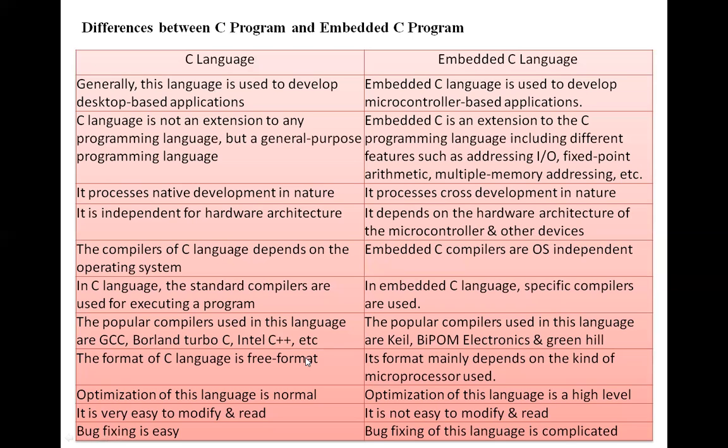Here, whatever error is called a bug, so in C language bug fixing is easy. But in embedded C, bug fixing is complicated, right? So you should be careful and know everything.